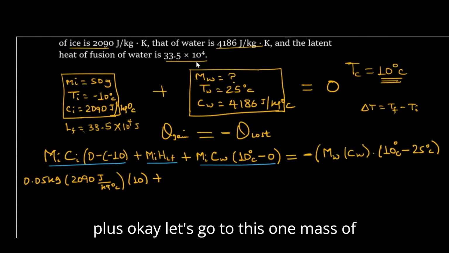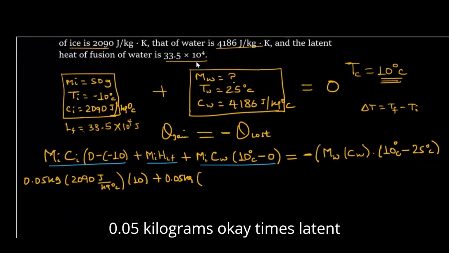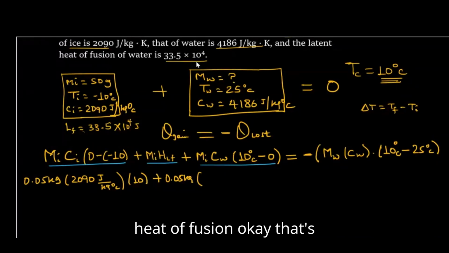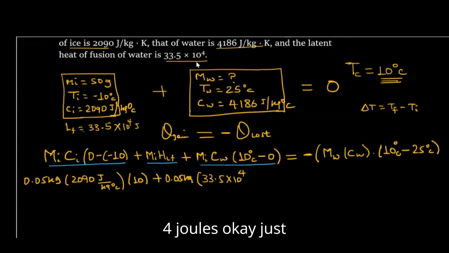Okay, let's go to this one. Mass of the ice is the same thing, 0.05 kilograms, times latent heat of fusion, that's 33.5 times 10 to the power of 4 joules per kilogram. Okay, just close it.